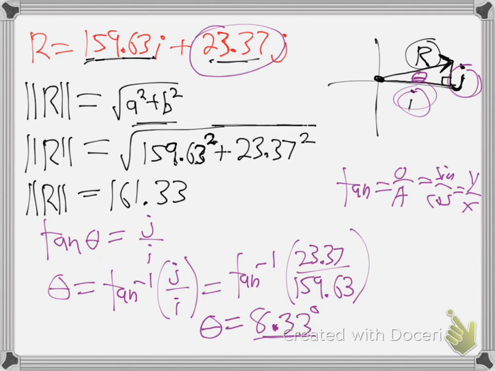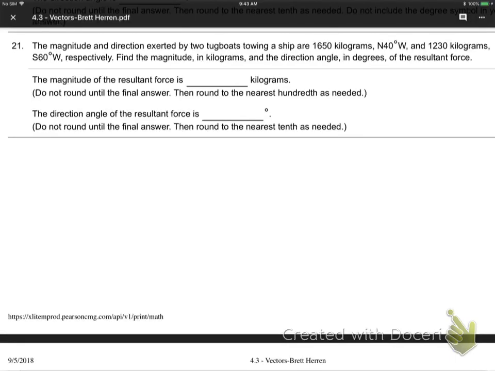All well? That's a long problem, huh? Two tugboats towing a ship: 1650 kilograms north, 40 west. I'm going to write all that down for you. Find the magnitude, direction, angle, same thing. It's exactly the same.